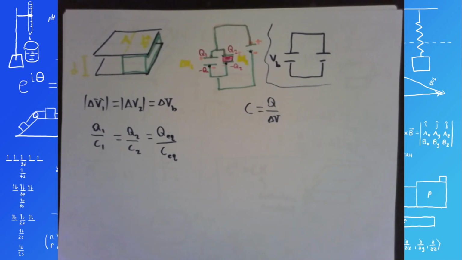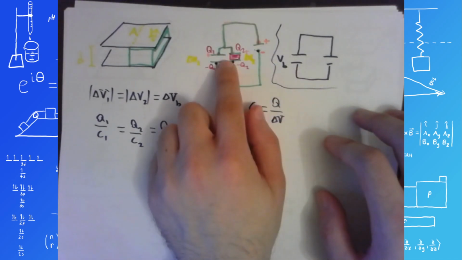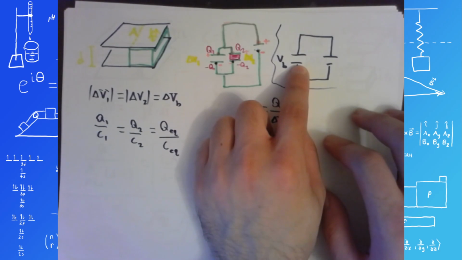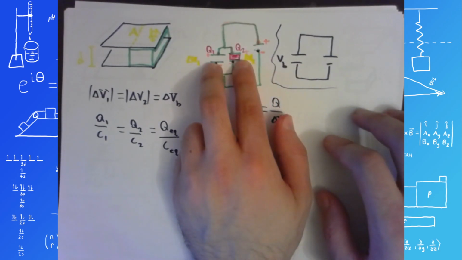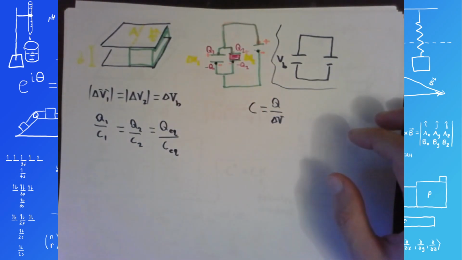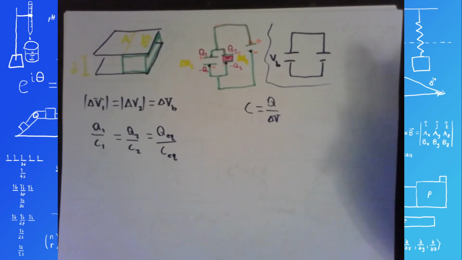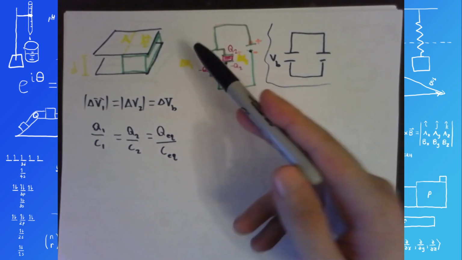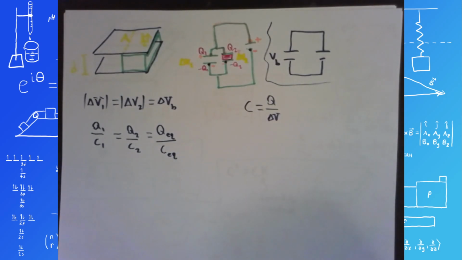Well, if this capacitor is going to properly replace this one, then it has to have the same voltage across it, and it has to displace the same total amount of charge, right? The total charge on the equivalent capacitor would have to be the sum of the charges on the original capacitors.